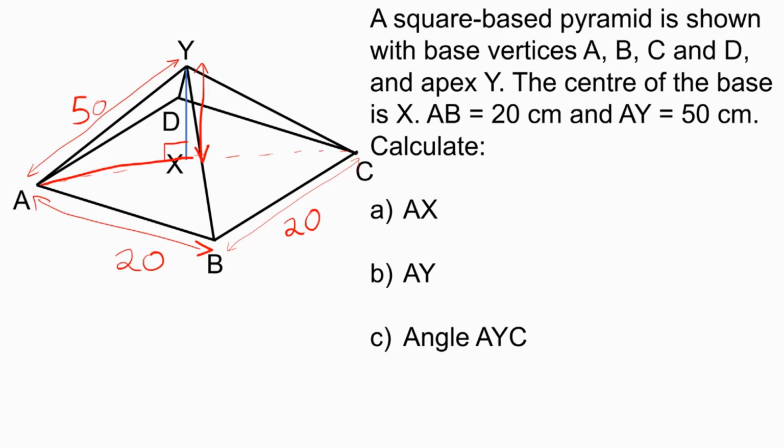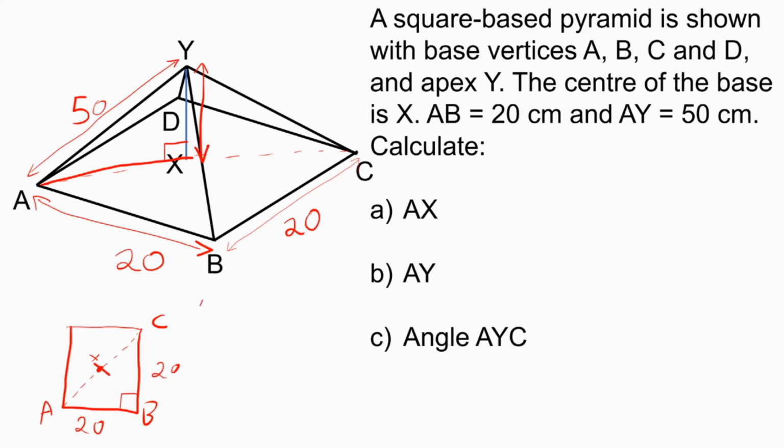Okay, another hint for AX. If I draw the square that makes up the base, we have A, B, C, and X is in the middle, right in the center of that square. So if we know that AB is 20 and BC is 20, if I worked out AC, to get AX, I just need to cut that in half.